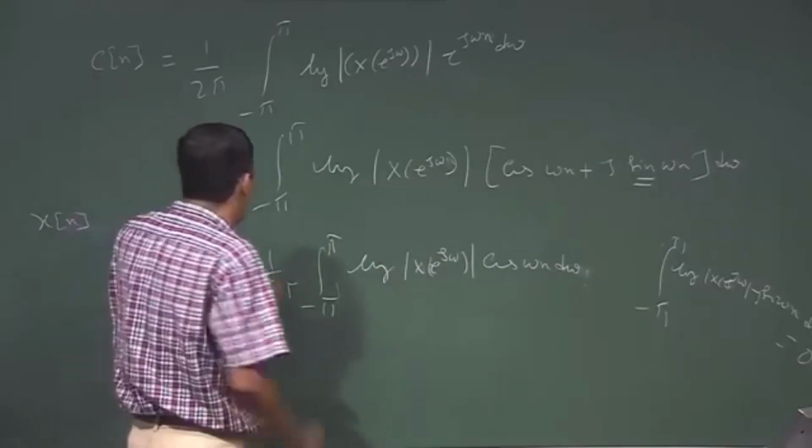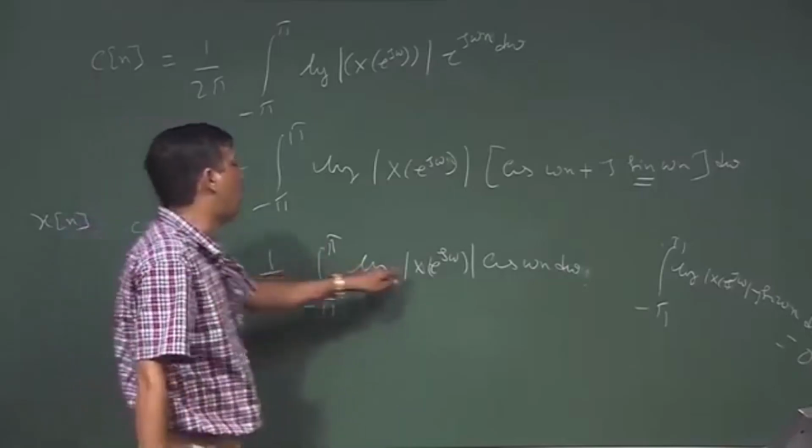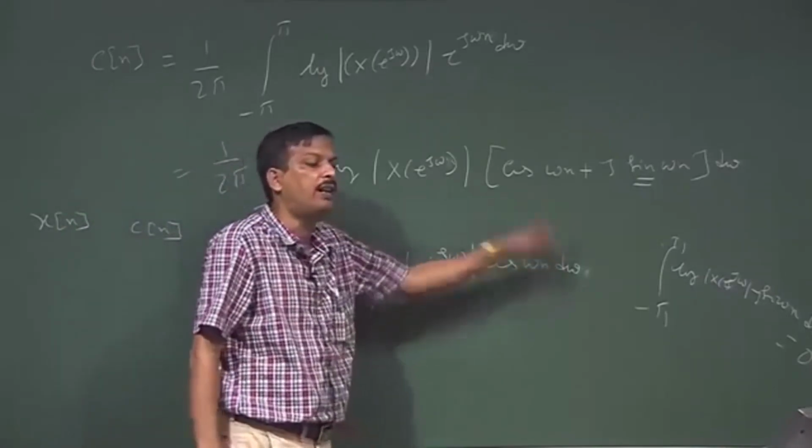Cn is equal to 1 by 2 pi, integral from minus pi to pi, of log of mod x e to the power j omega cos omega n d omega.